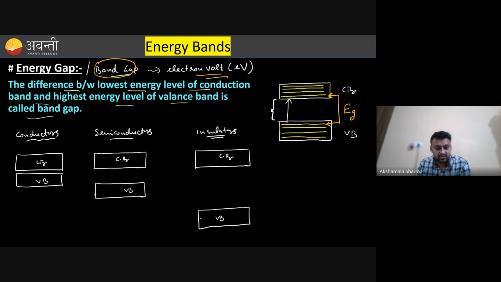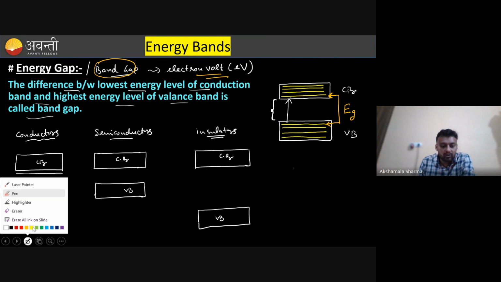Because electrons most of the time don't have the energy to reach the conduction band. This gap is much higher, and electrons cannot jump to the conduction band. If an electron is not in the conduction band, it cannot conduct. It is not behaving like a free electron. That's why insulators do not conduct at all. I think this phenomenon is clear. The band gap is clear to everyone present in the class.